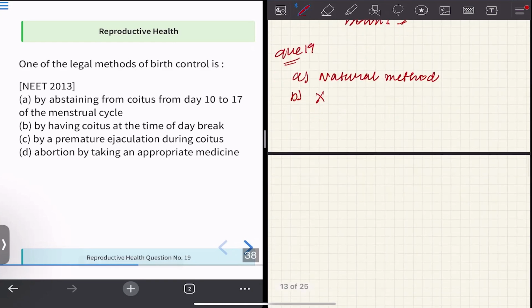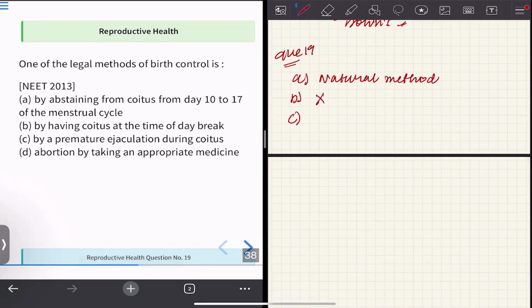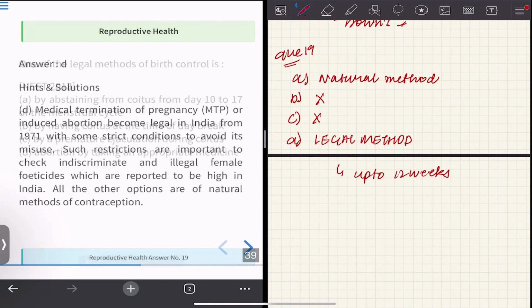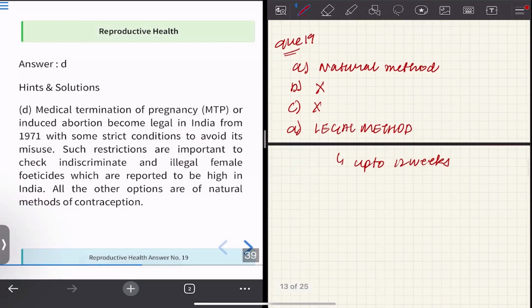Then we have premature ejaculation. This is also not a method. And D is the legal method that we can undergo abortion up to what? Up to 12 weeks. Abortion is legal. After 12 weeks, we need to take some doctor. We have a panel of doctors that we need to take advice from. Okay. So we have option D.